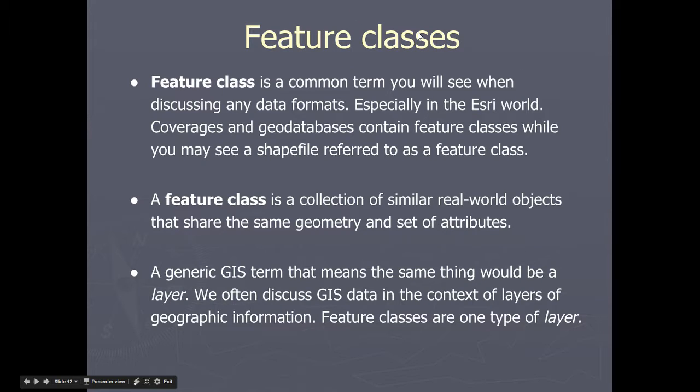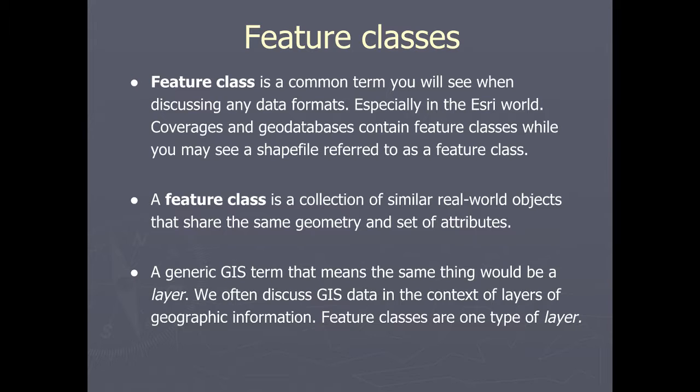So before we go any further, let's talk briefly about feature classes. Feature class is a common term you'll see when discussing any data formats, especially in the Esri world. Coverages and geodatabases contain feature classes, while you may see a shapefile sometimes referred to as a single feature class. So what's a feature class?